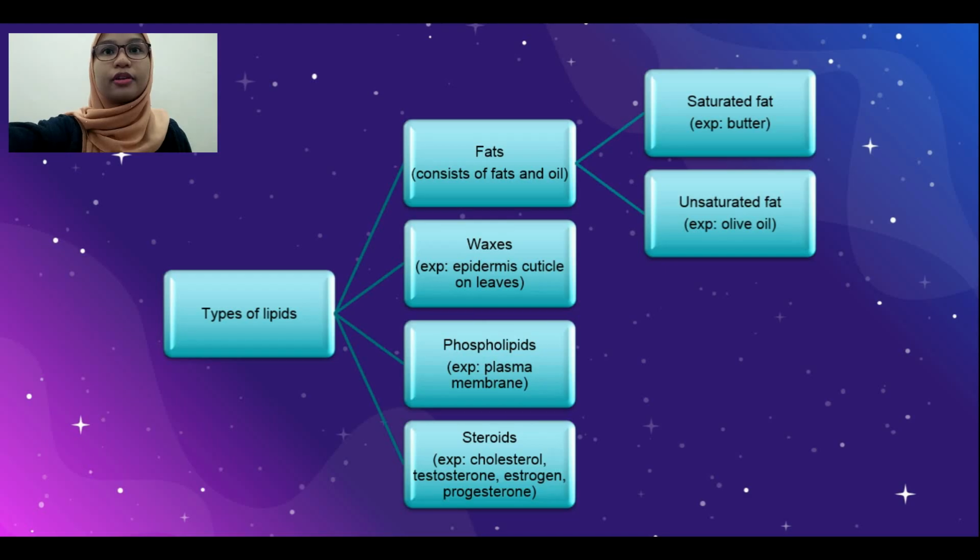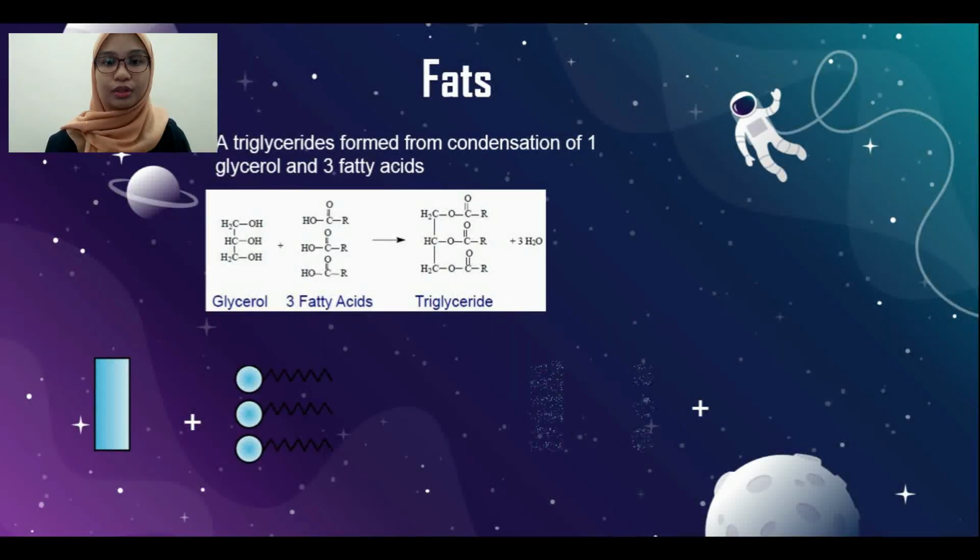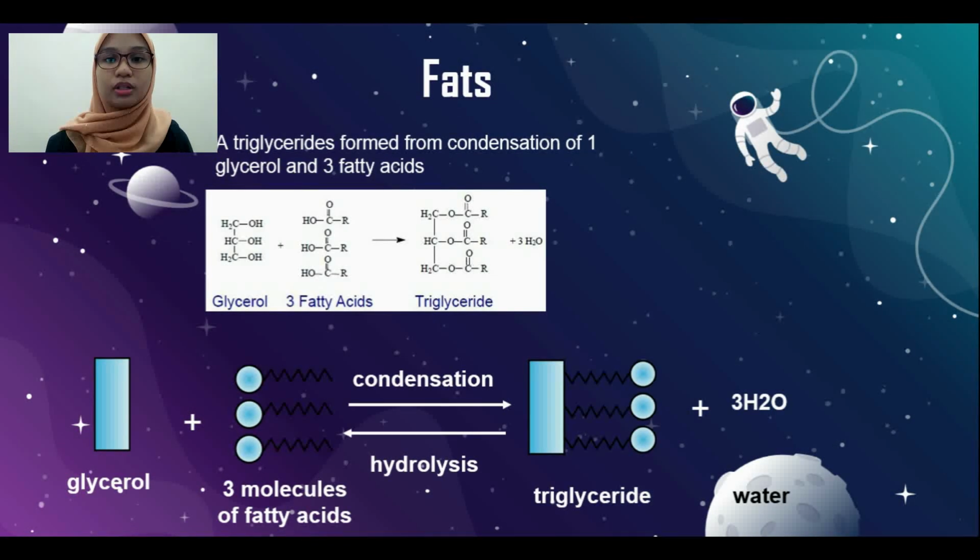So the fats are actually triglycerides, which are the combination of one glycerol and three fatty acids through the process of condensation, and it is reversible, or it can be broken down by the process of hydrolysis.